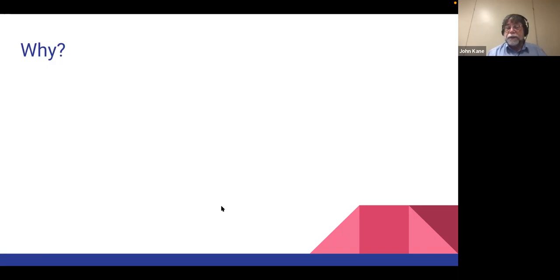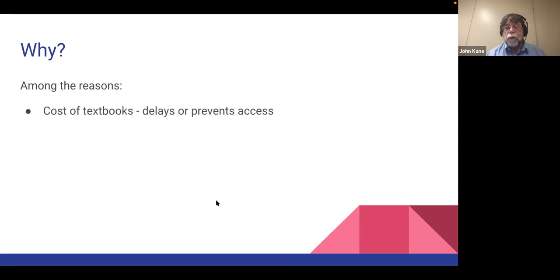Now, there are many reasons for this, but in terms of education, one of the reasons is inequality in access to basic educational resources. The cost of textbooks for many years had been rising at a significantly faster rate than inflation.